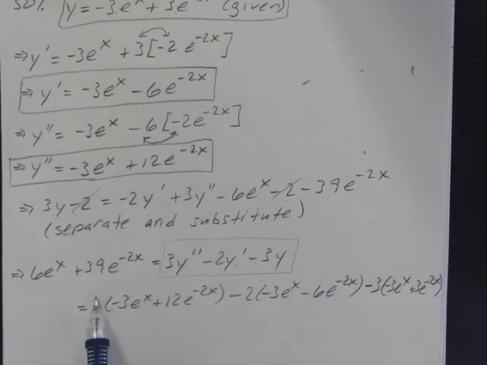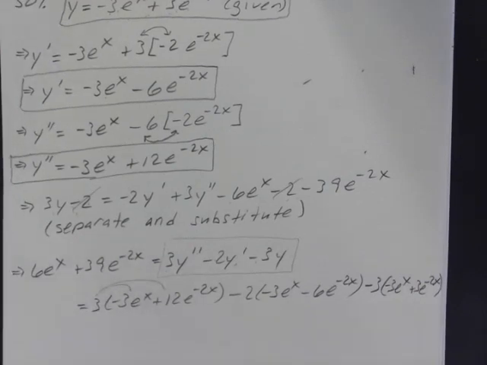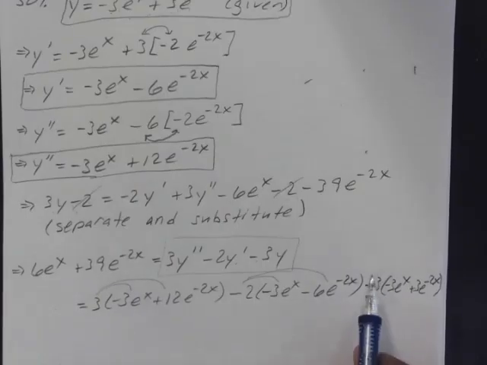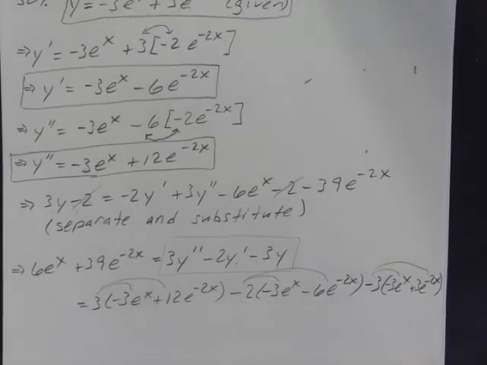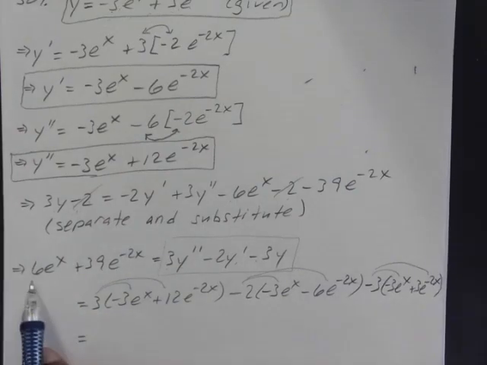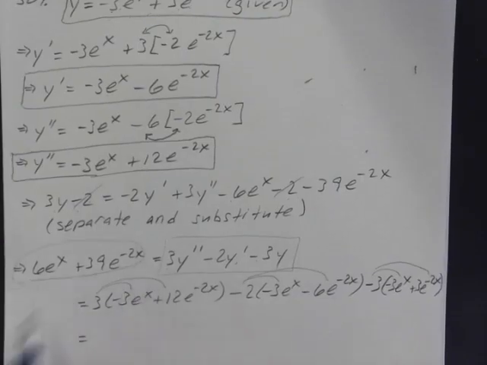Okay, so now we're going to go ahead and distribute the 3 and distribute the negative 2 and distribute the negative 3. We want to see that when we're done, if it equals the left side.